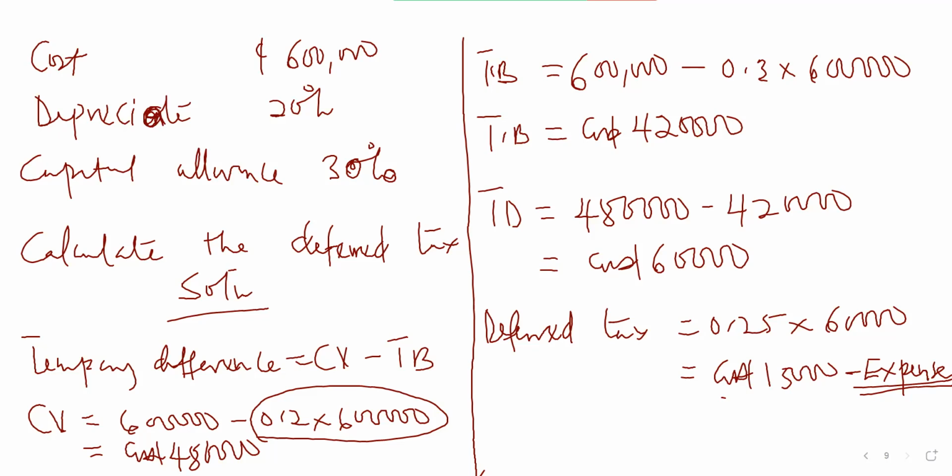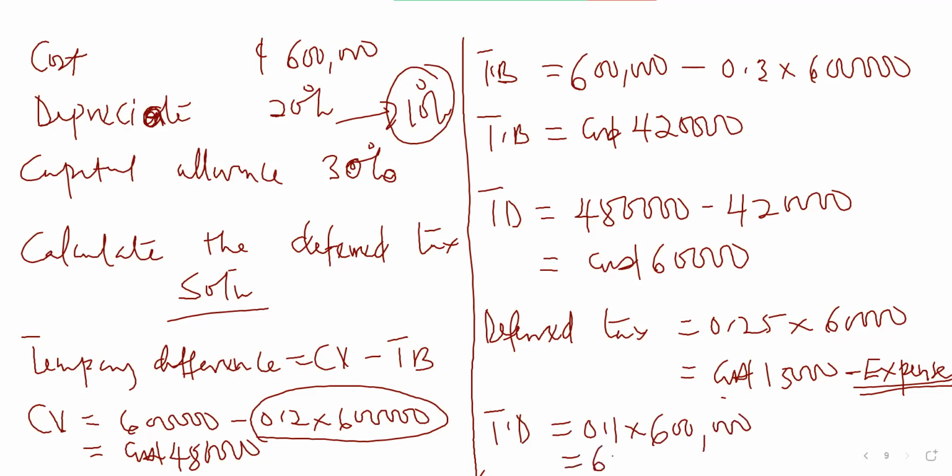You can see that the excess over here is the 10%. So the excess over here is the amount of the cost that the company is enjoying in excess. So you can find your temporary difference by having 0.1 times what? 600,000, which will give us what? 60,000. Then you multiply by 25%.